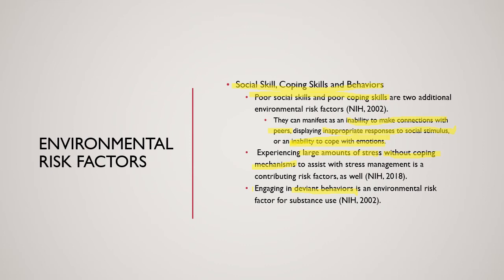They could be violence, crime. Substance use itself is considered a deviant behavior. So other deviant behaviors also demonstrate an environmental risk for developing substance use disorder and using substances.